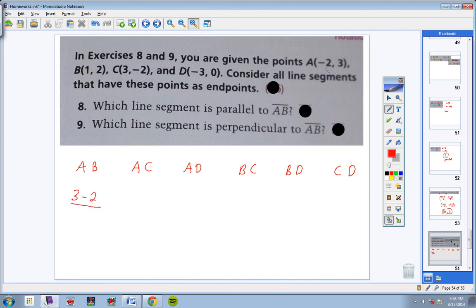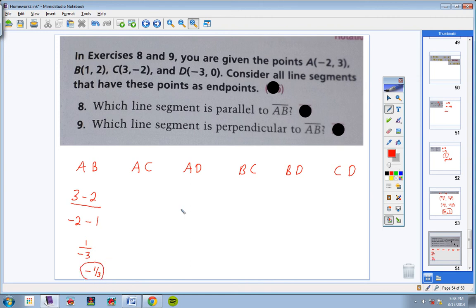Here's your y, and here's your y. And then x minus x is negative 2 minus 1. So negative 2 minus 1 would give us 3 minus 2 is 1 over a negative 3, which gives you a negative 1/3, because a positive over a negative is a negative.